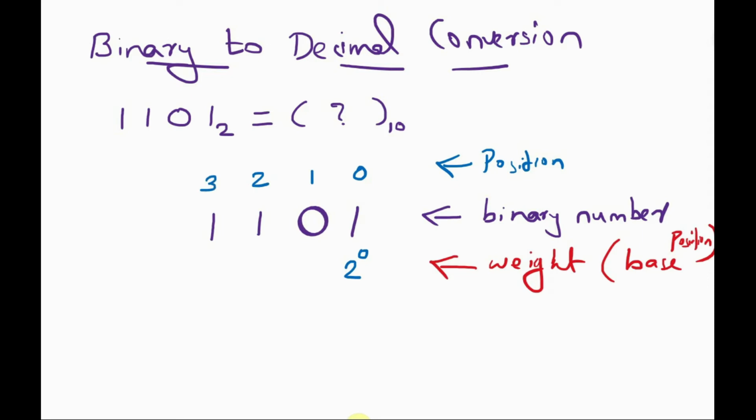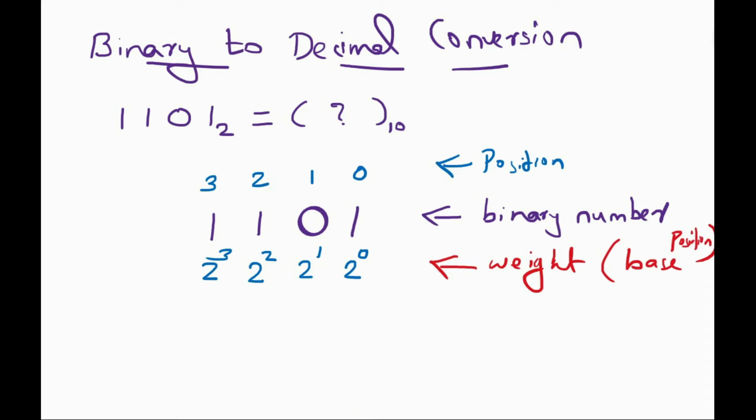For the fractional part, it will start at minus 1, then minus 2, minus 3. So this is the weight of this 1. What is the weight of this 0? 2 raised to 1. And for the next number, 2 raised to 2. And finally, 2 raised to 3.